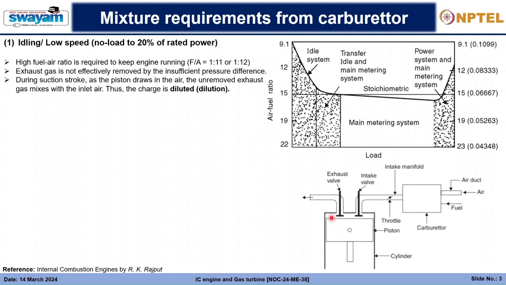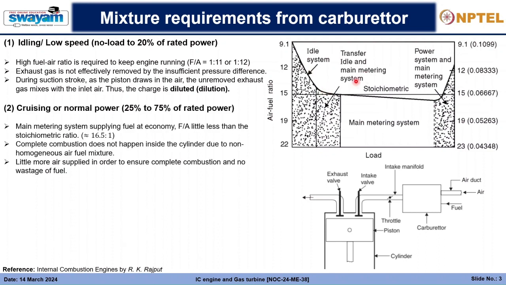This is called dilution. In order to avoid that, a larger amount of fuel is passed so that the combustion pressure is up to the mark. Accordingly, a higher fuel-air ratio is supplied, 1 to 11 or 1 to 12. So that is the reason why in the idle system a higher fuel-air ratio is required.